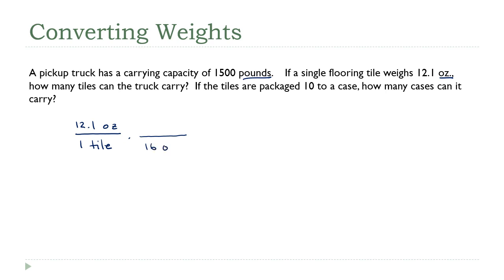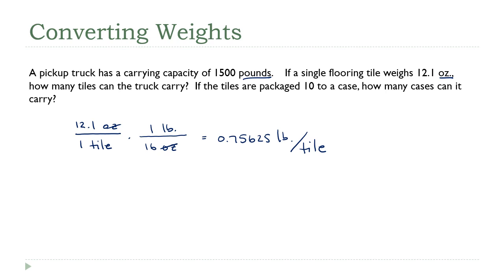There's 16 ounces in 1 pound. All right, so if we do the arithmetic here, you notice the ounces cancel. And we know that there are 0.75625 pounds per tile.